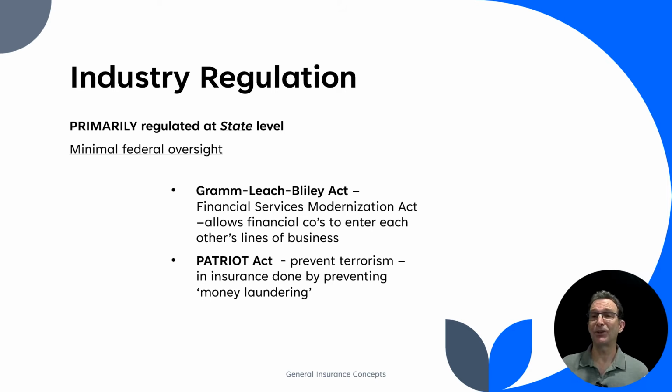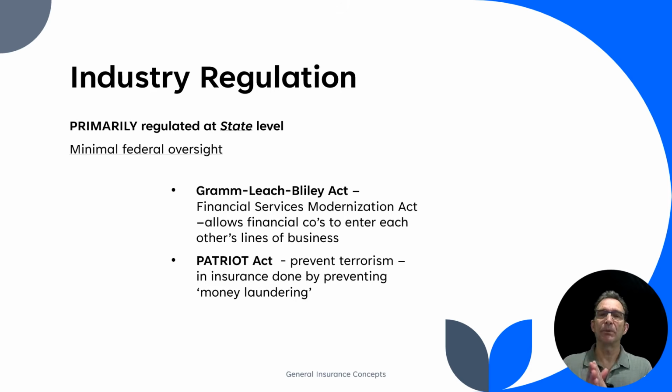This last one occurred, the Patriot Act. I'm sure probably most of you have heard of that. It was designed, after 9/11, to prevent terrorism. Now, how does that relate to insurance? Well, one thing that terrorists can try and do is called money laundering. And sometimes they try and use insurance products as a way of laundering money, putting funds in that can then be extracted and not traced.